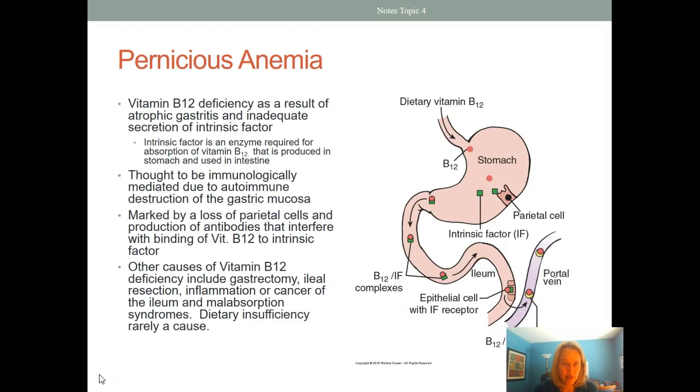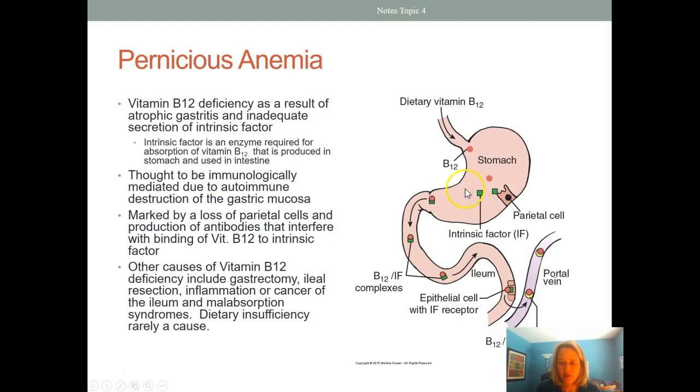But let's talk about pernicious anemia. Pernicious anemia is caused by a vitamin B12 deficiency as a result of chronic gastritis and inadequate secretion of intrinsic factor. So let's take a look at our normal physiology. Parietal cells of the stomach, these are the same cells that secrete hydrochloric acid, also secrete intrinsic factor.